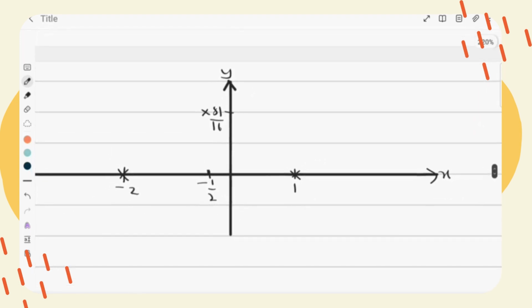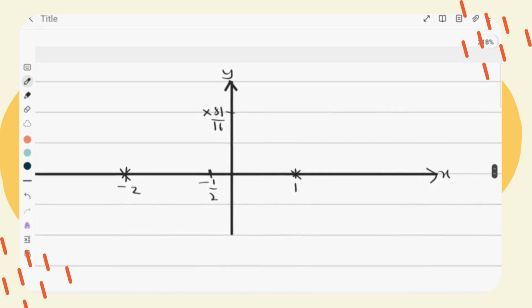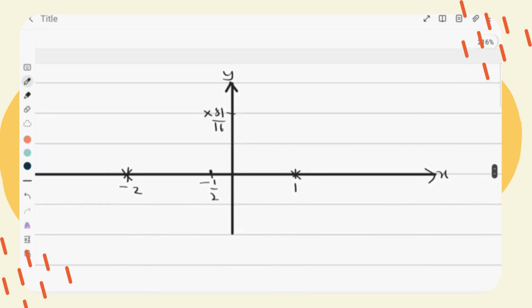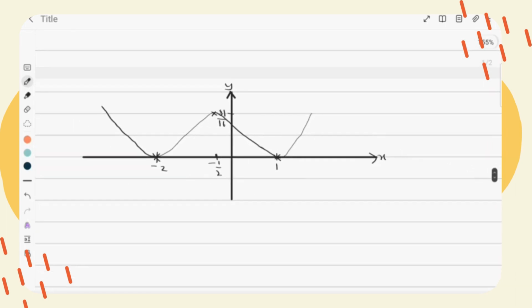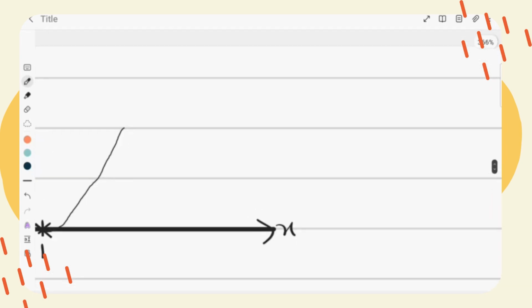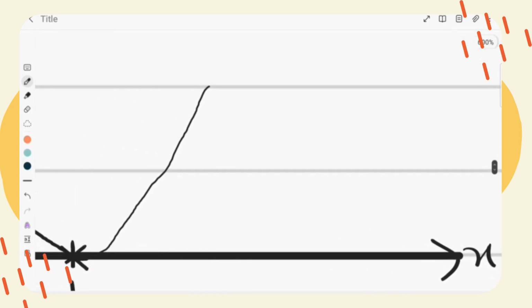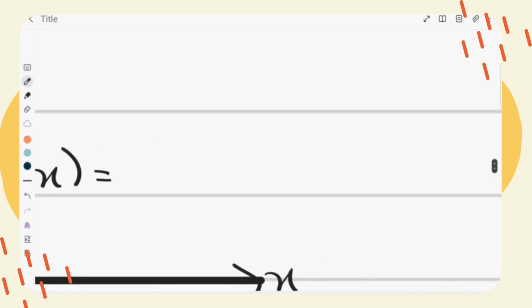Okay, we already put our points, and then we have to put the line onto this. So it's going to be like this. So the last one is to put our function, don't forget.